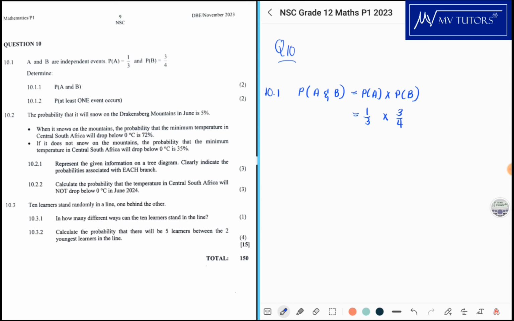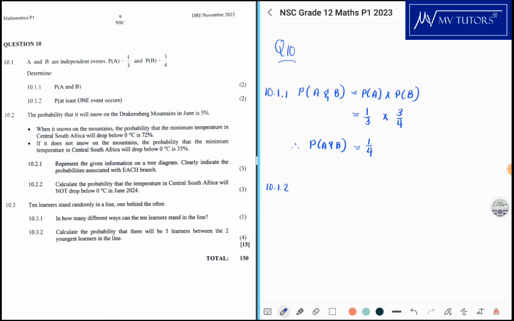So what is then the probability of A and B? That would be equal to 1/4. All right. Now, 10.1.1, it says determine the probability of A and B. Okay, we kind of did that. Let's just put it as 10.1.1.